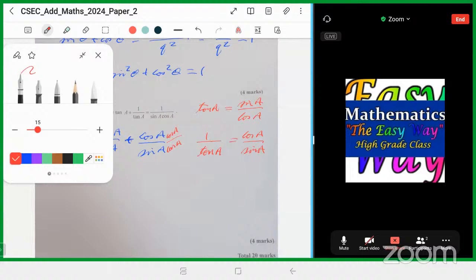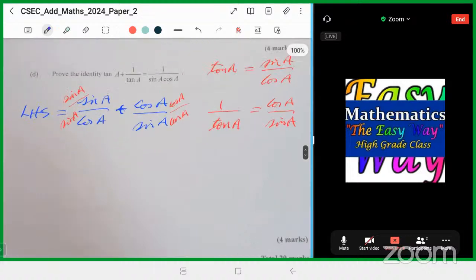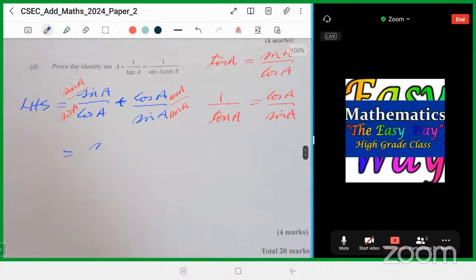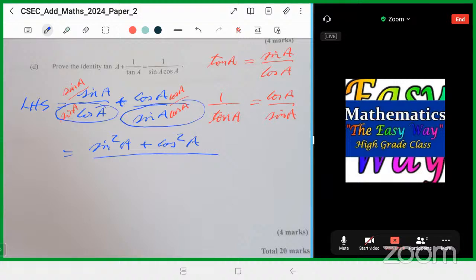And then when I do that, I'm going to get sine squared A from these two plus cos squared A from those two, over the denominator, which becomes sine A cos A in both cases.